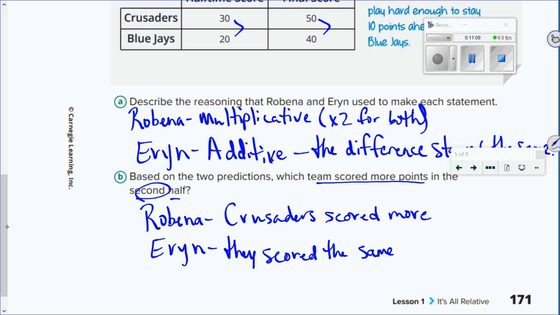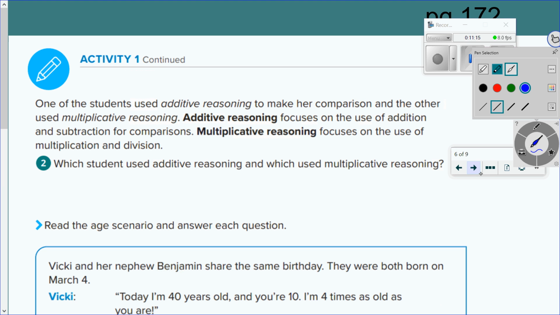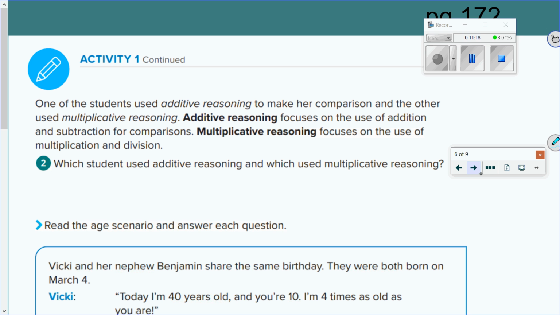Okay, let's go ahead and flip to 172. We need our highlighters. We got a couple of definitions here. So we've already started talking about it, but we can use additive reasoning, which focuses on the use of addition and subtraction for comparisons.